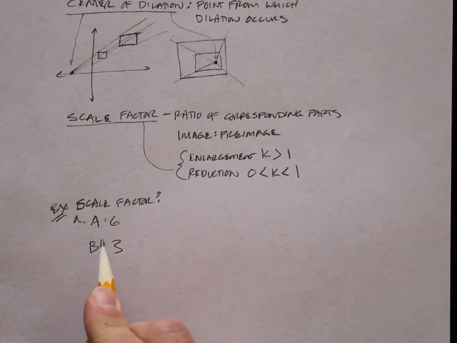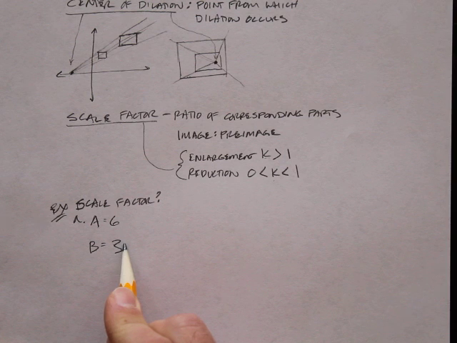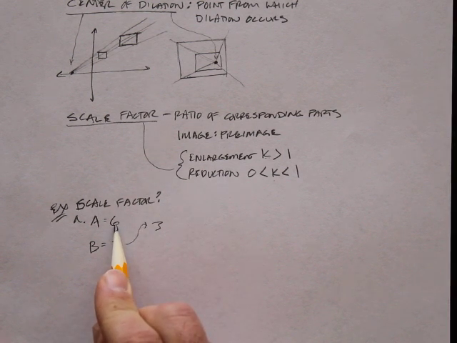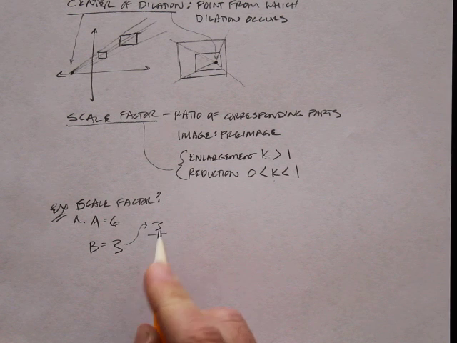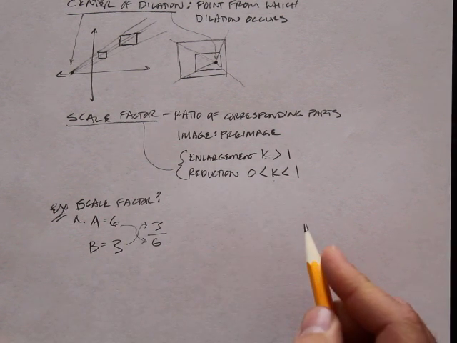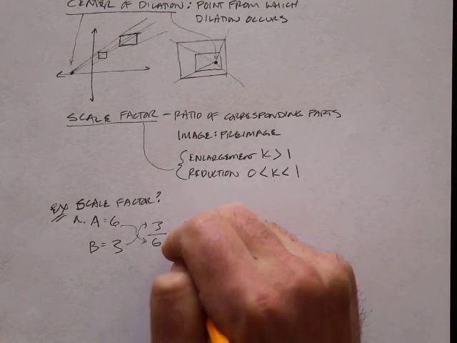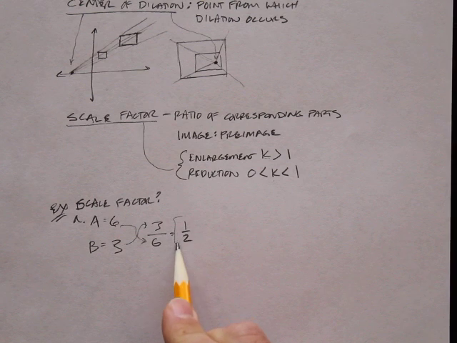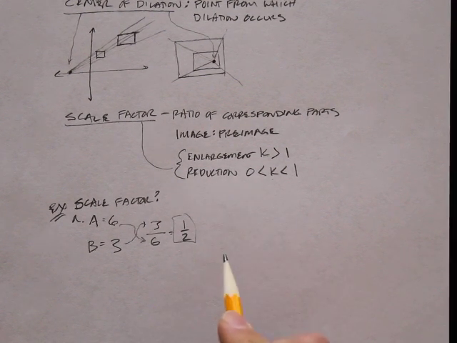So the image we put on top of the pre-image. And so we have 1/2. So we have a reduction. The scale factor is 1/2, and it is a reduction.